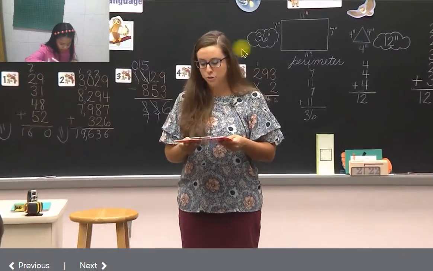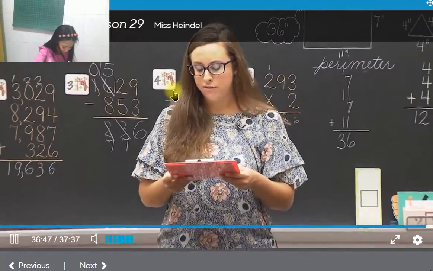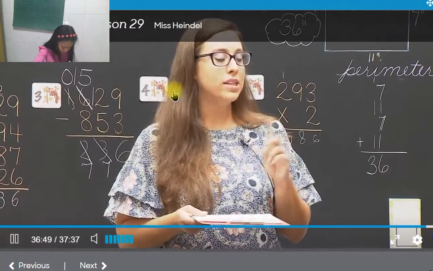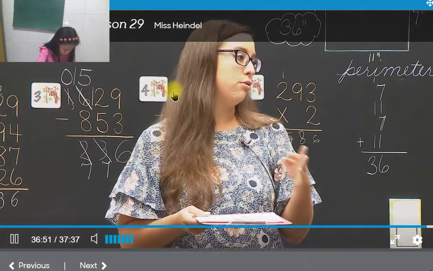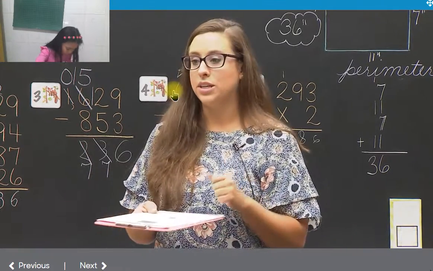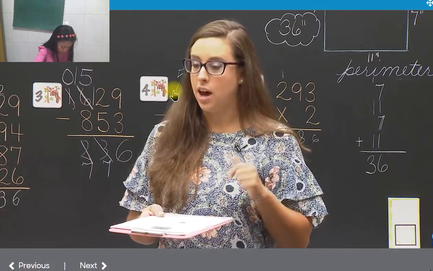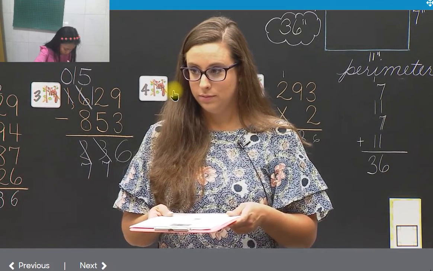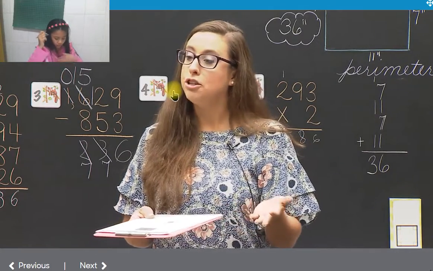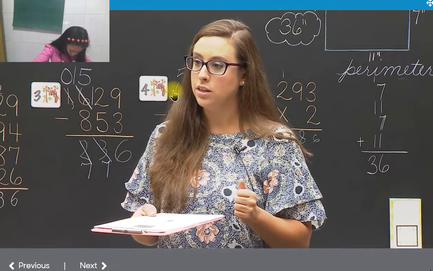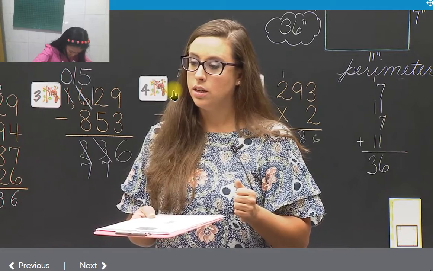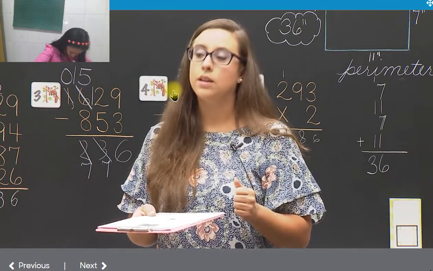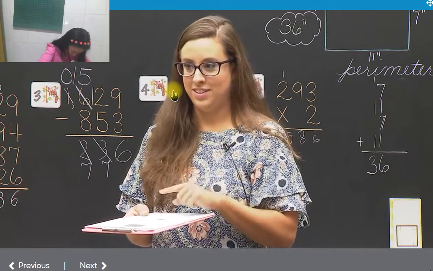Now let's take a look at the brain booster. What is the perimeter of this square? If only one side is labeled without using a ruler, how are we going to find the other length of the sides, Carson? 5 times 4 equals 20. Yes. How did you know to do 5 times 4, Carson? Because the square has all of the sides complete.